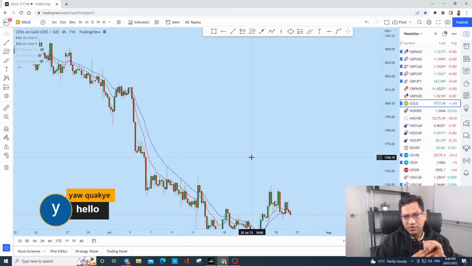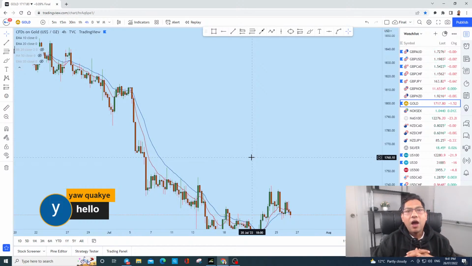Okay, this is the first thing. So if you use fundamental in your trading, you can't know. Why? Because the price moves according to the trend, no matter what. So the trend will tell you which way the market will go, not the fundamental.